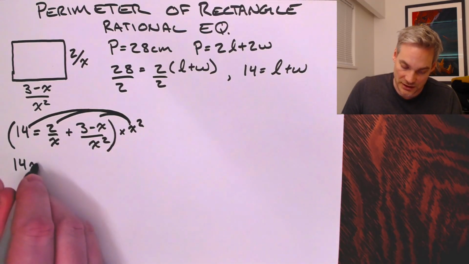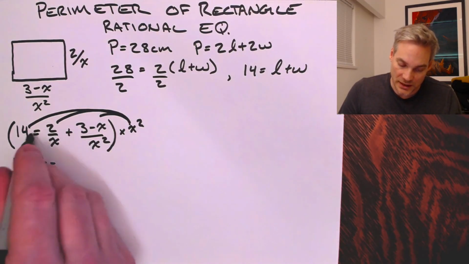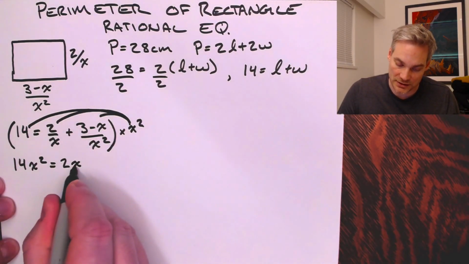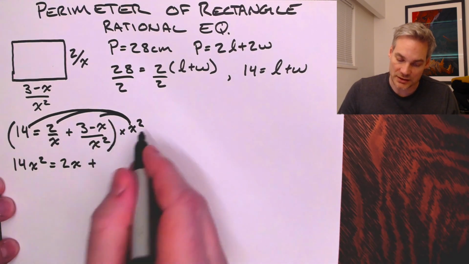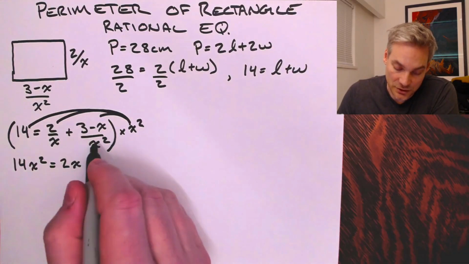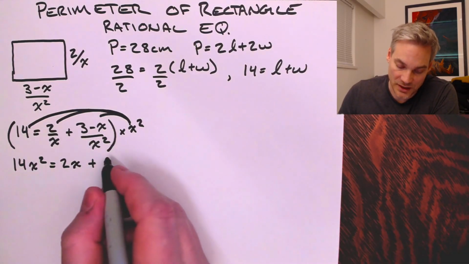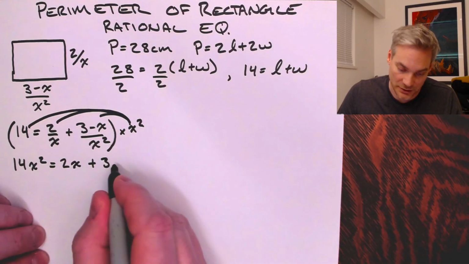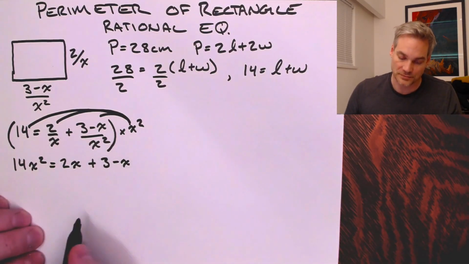Now we get 14 times x squared, and now I have equals 2 times x squared divided by x is 2x, and then I have plus, and I multiply 3 minus x over x squared by x squared, and the x squareds cancel out, so then I have 3 minus x.